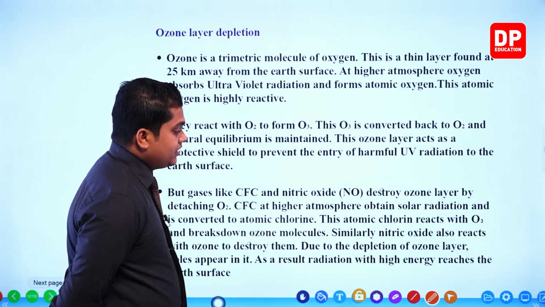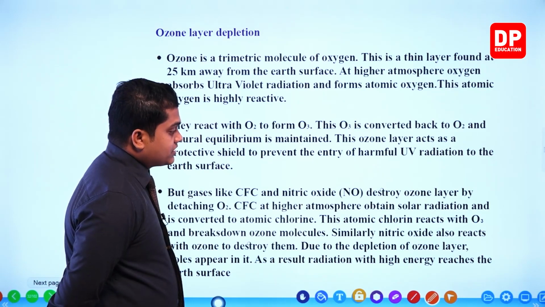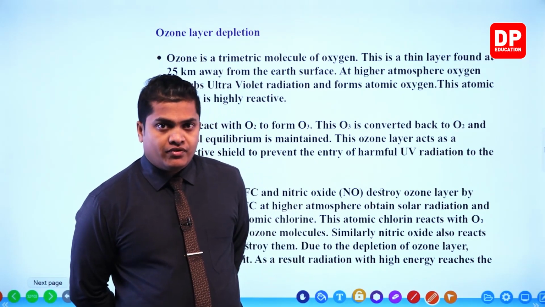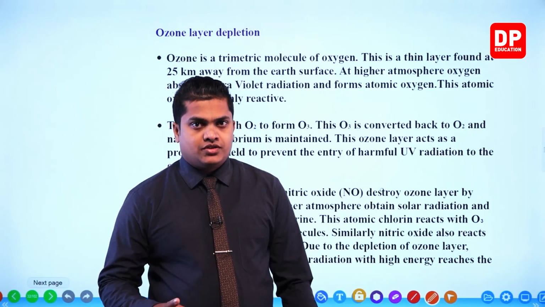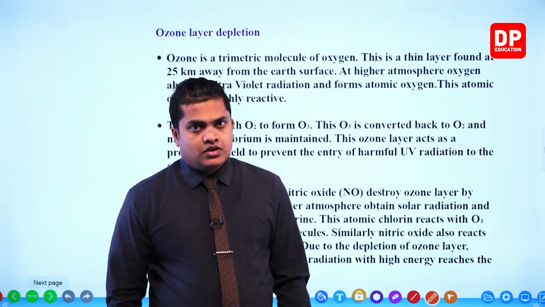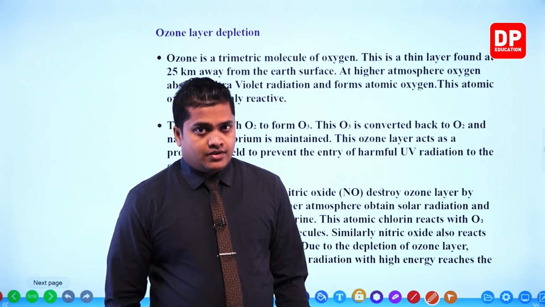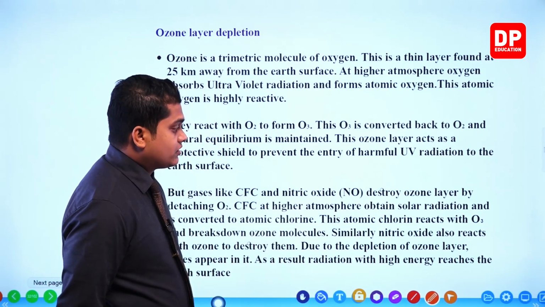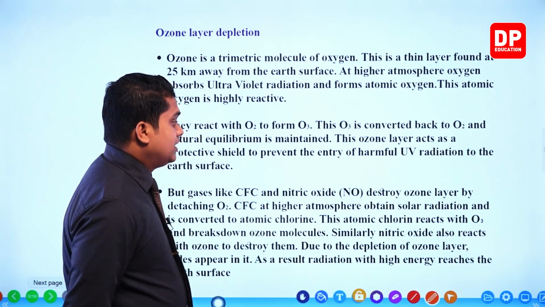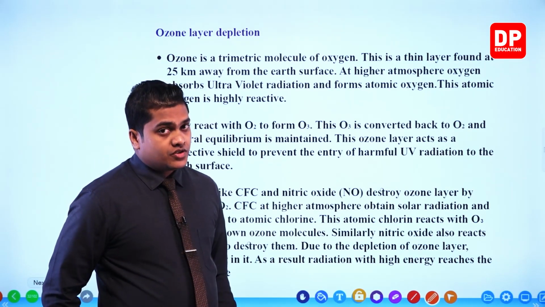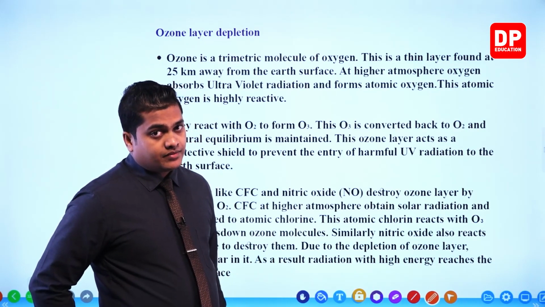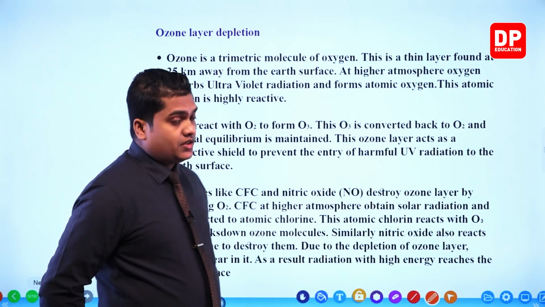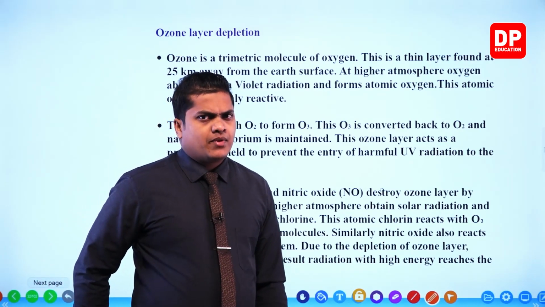Nitric oxide, NO, is also a type of gas which can detach oxygen from ozone. Nitric oxide is also going to deplete the ozone layer and create holes in it. So upon creation of the holes within the ozone layer, what will happen, my dear children?